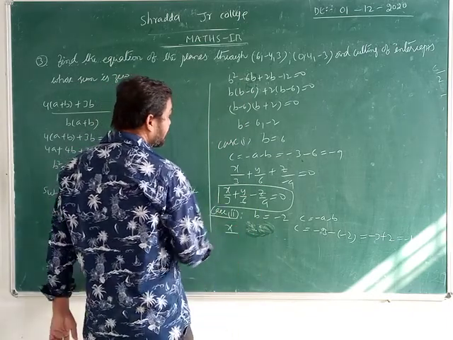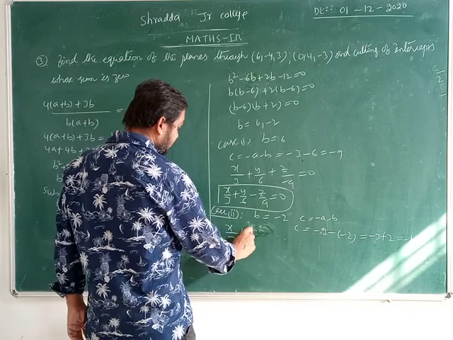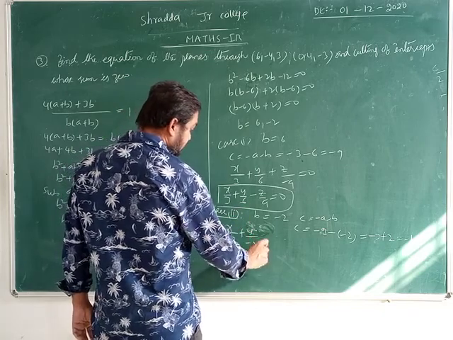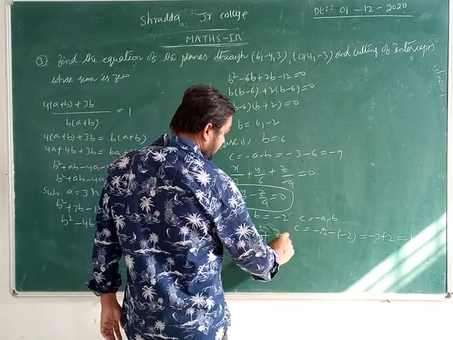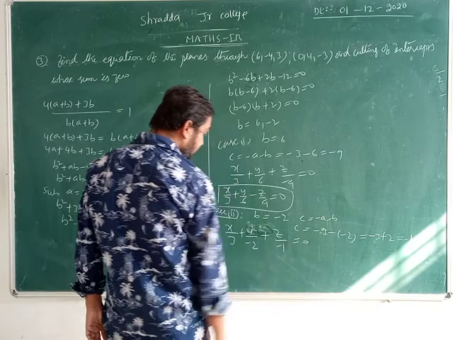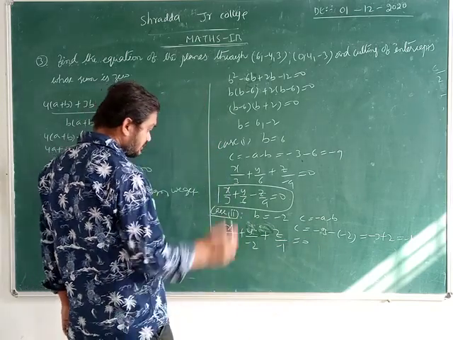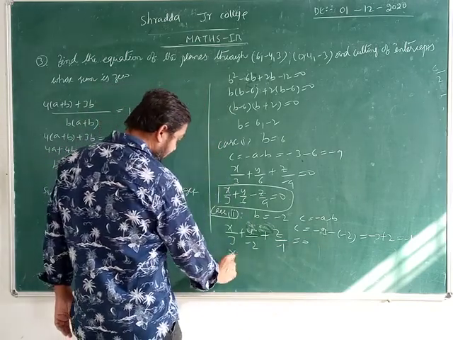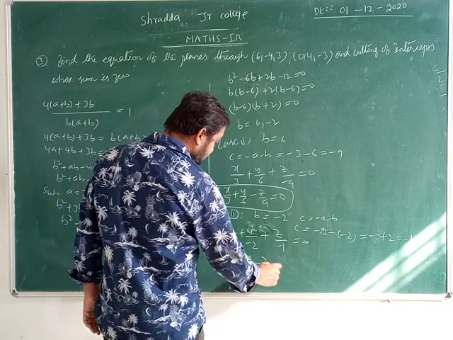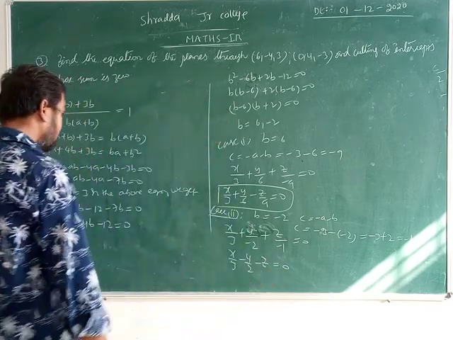Now see here, x by what is the a value? 3. Y by b means minus 2 plus z by what is c here? Minus 1. This equals 0. See now, x by 3 minus y by 2 minus z equals 0.